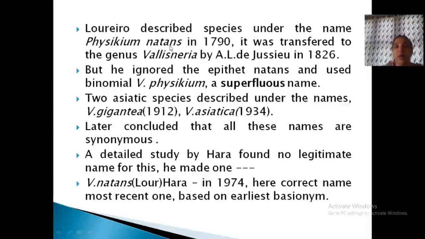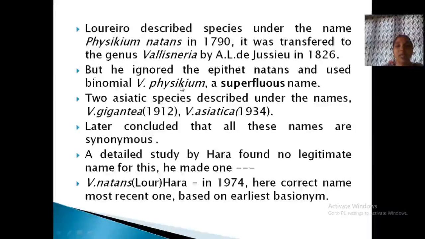In the first part I told you we have to retain the specific epithet. That is the rule. But here he ignored it. The new genus is Vallisneria, so the name should have been Vallisneria natans, but he ignored the specific epithet and gave the binomial as Vallisneria Physkium. Clear? So this type of name is known as a superfluous name.